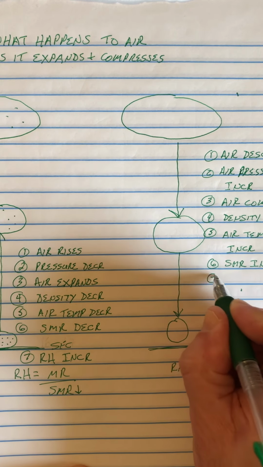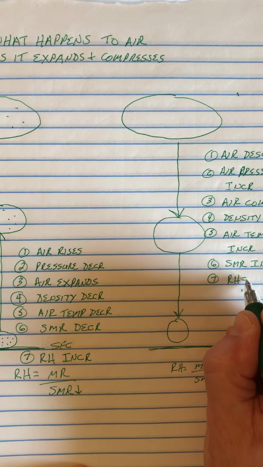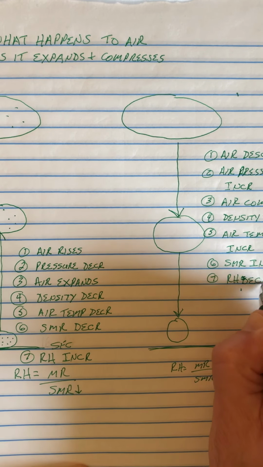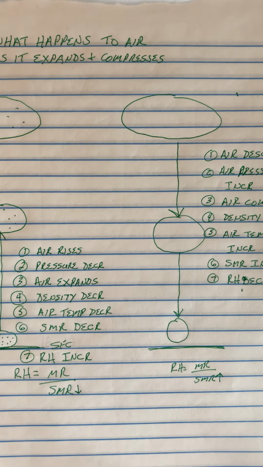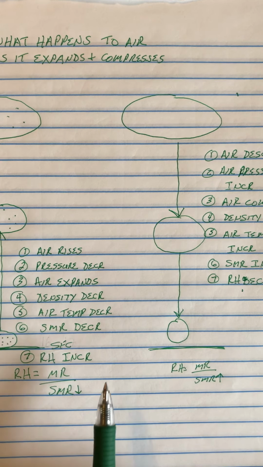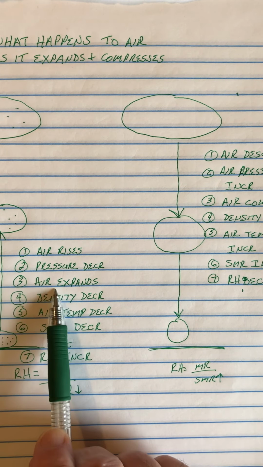As a result, the relative humidity of the air is going to decrease. And that's what happens to air as it expands and compresses. The expansion part is what we're going to be talking about most for the rest of chapter 6.